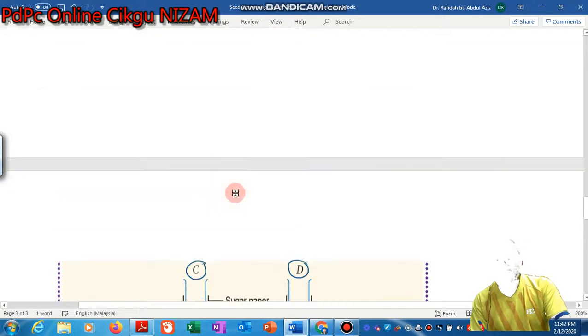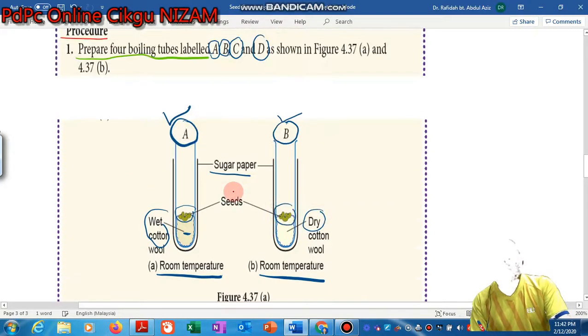If we look back at boiling tube A, we have wet cotton wool, which means that we have water here, and then we have air, because this boiling tube is open, so air can enter into the boiling tube, and then suitable temperature, that is room temperature.